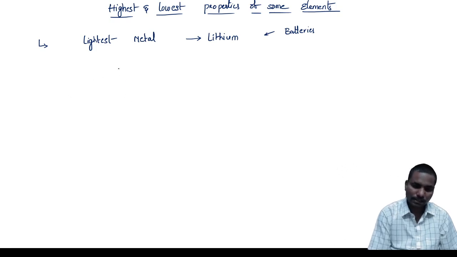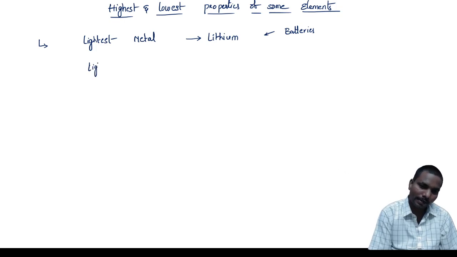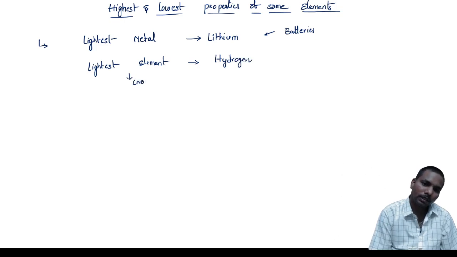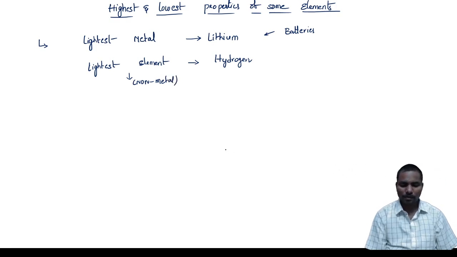And if they are asking just for the lightest element, in that case we are going to give hydrogen. Generally, if they are asking the lightest element or lightest non-metal, that is hydrogen.